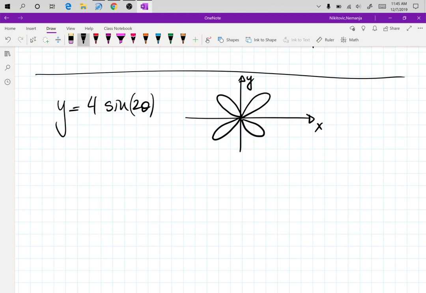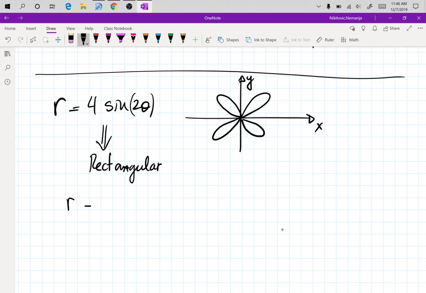And if you try to convert this into rectangular, why did I say y? It's r equals 4 sine 2 theta. If you try to convert this into rectangular, you see the horror immediately.